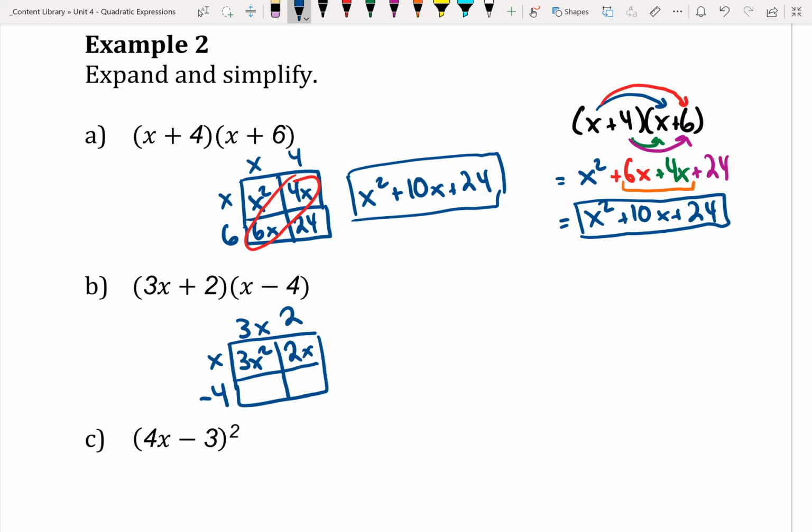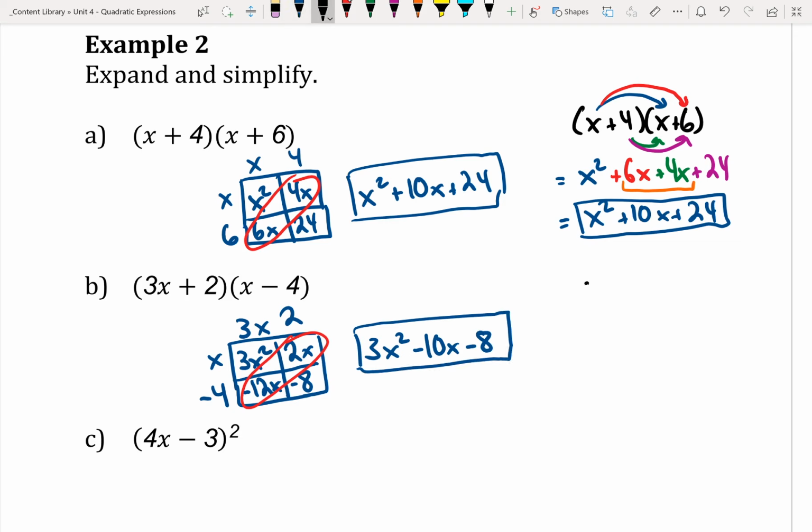Negative 4 times 3x is negative 12x. And negative 4 times 2 is negative 8. I can still add up these 2 side numbers. So I have 3x squared minus 10x, because the negative 12 and the positive 2, and then minus 8, which should be my answer.